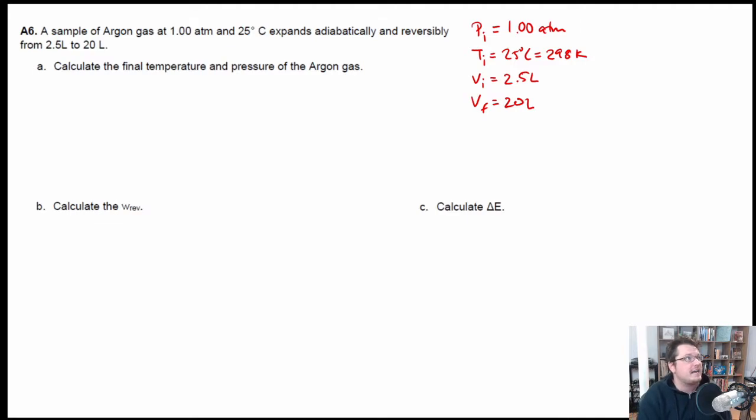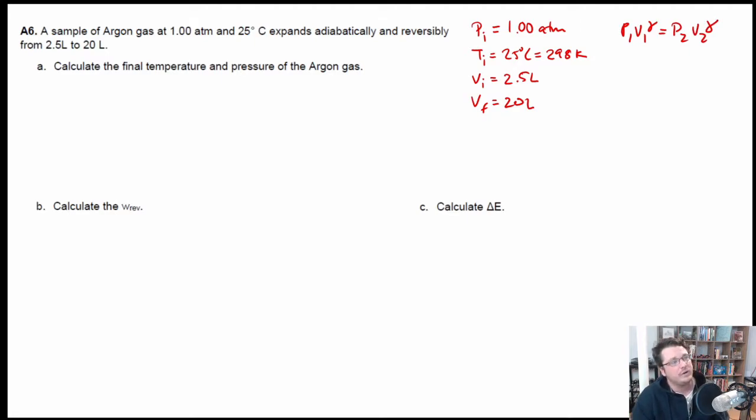So the first thing that it's asking is to calculate what the final temperature is and what the final pressure is in this case. So one thing that's really important to think about is that in an adiabatic expansion, in terms of calculating what the new pressures and volumes are, it's not going to just simply be a scenario where you can easily do it, because you have the relationship of P1 V1 to the power of gamma is going to be equal to P2 V2 to the power of gamma in those cases.